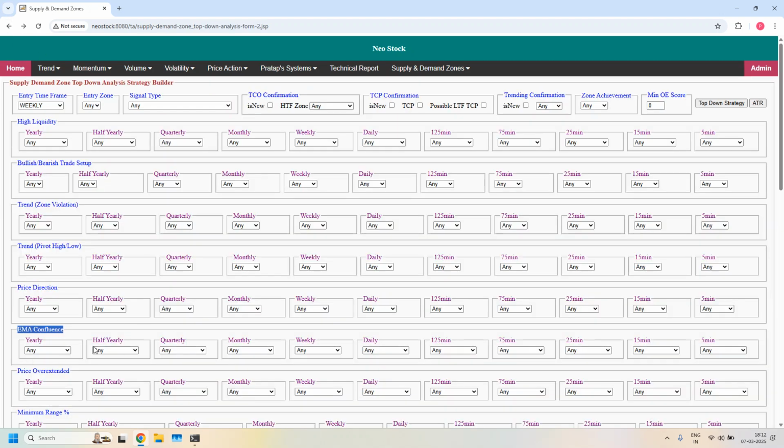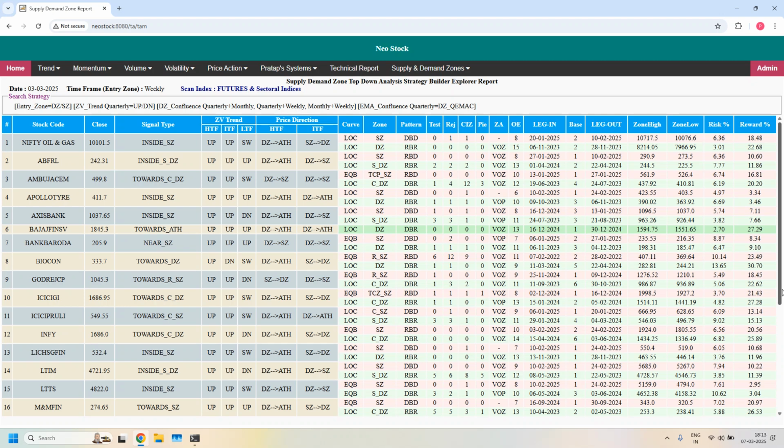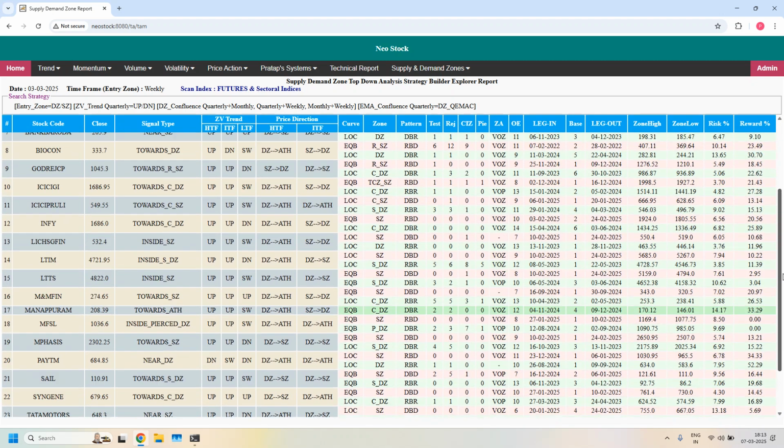So in the EMA confluence at a quarterly time frame, I am setting the filter quarterly demand zone having quarterly EMA confluence. And also trend on the quarterly time frame should not be sideways. It can be up or down. So with these filters, out of 40 stocks, we got 26 stocks.